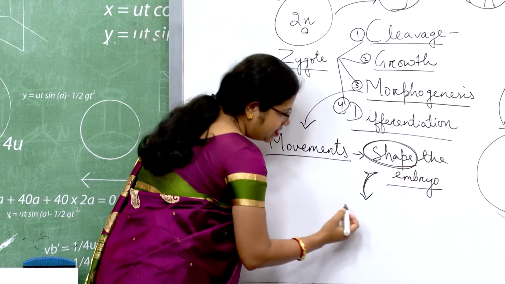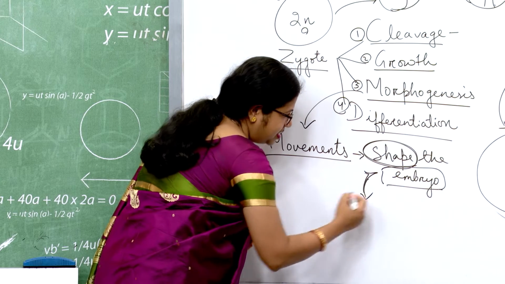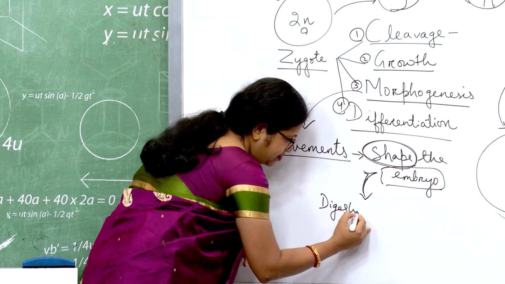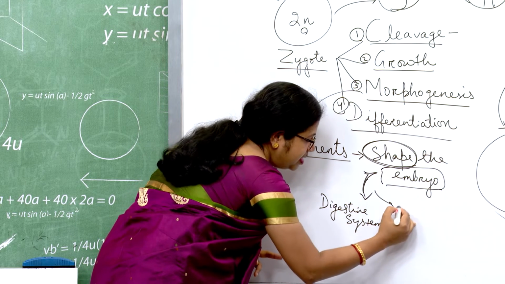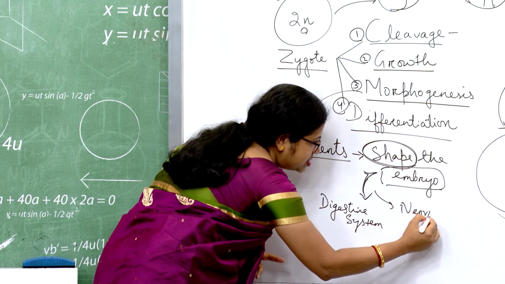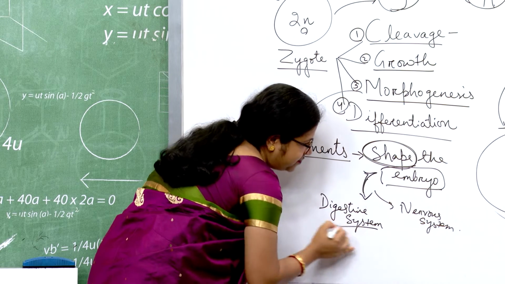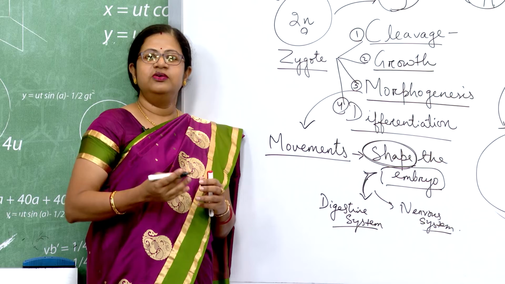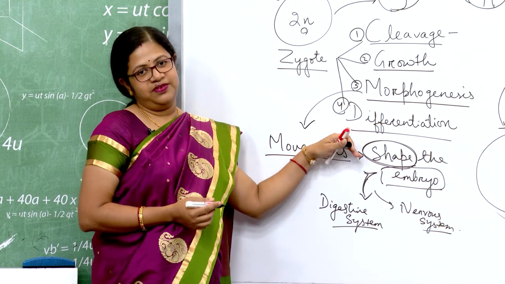Suppose there are many groups of cells in my embryo: certain groups of cells will form my digestive system, certain groups will form the neural tissue or the nervous system, and so on and so forth, so different systems and different functional aspects of the embryo will develop. That is what we will deal with in differentiation.